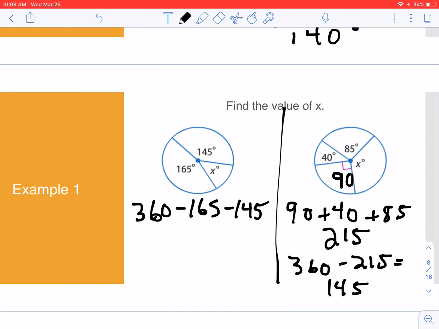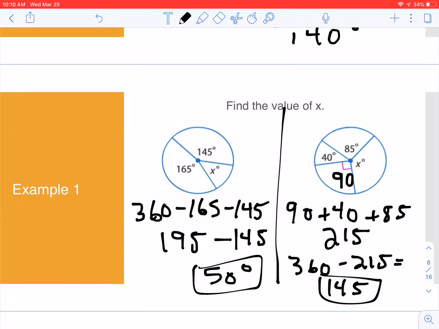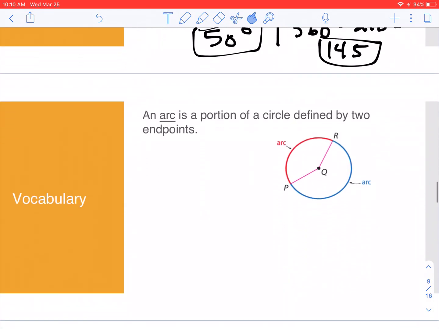That is going to equal 195 minus 145 equals 50 degrees. You could also add 165 plus 145, and you will get 310. Then 360 minus 310 equals 50. So those are my two answers there. So you're just subtracting from 360. I think you guys can do a pretty good job at that.